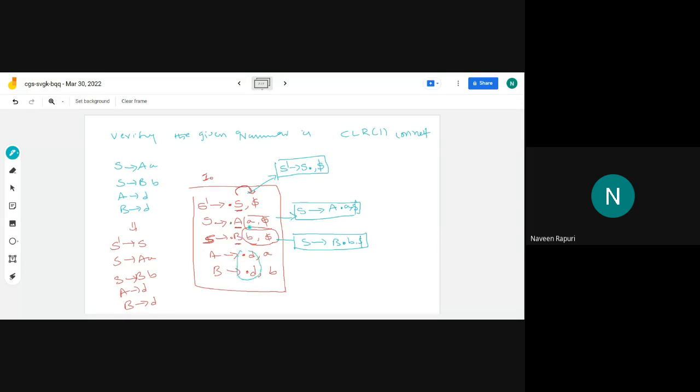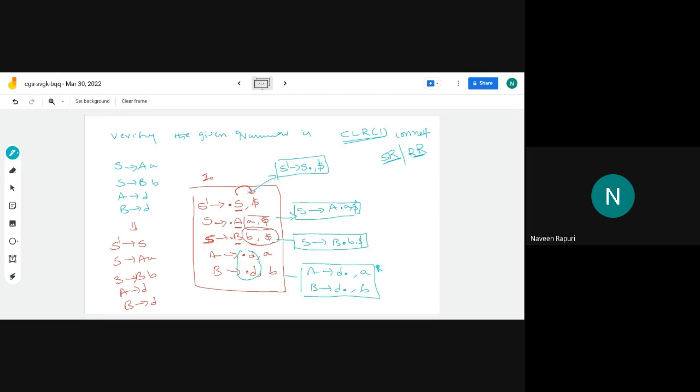Suppose we see here, I naught on small d gives A derives d dot, B derives d dot. Here the look ahead is small a, here it is small b. Sir, for checking CLR1 or not, we need to check every time for SR conflict and RR conflict. Is there an SR conflict or RR conflict?